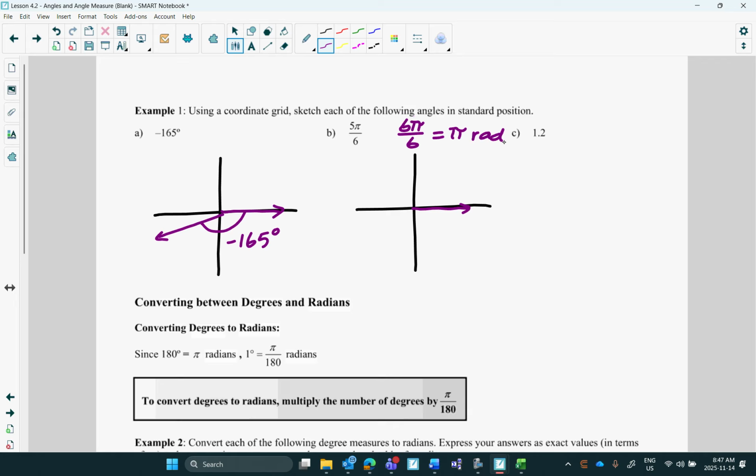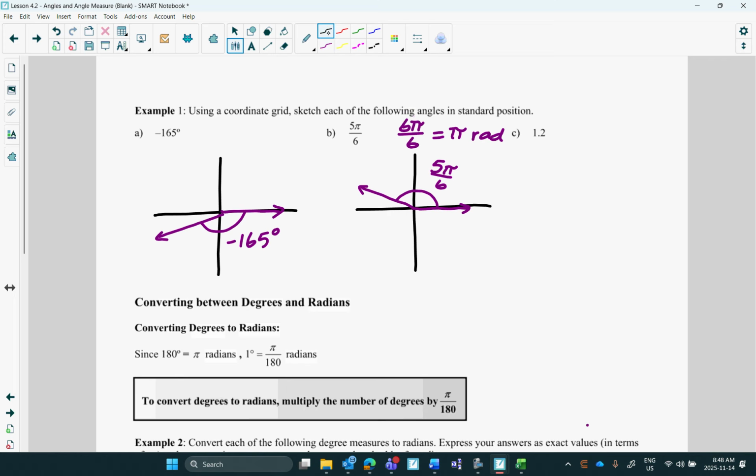Half a circle, right? So this would be 6 pi over 6. Okay? This is going to be a little bit less. So I'm going to go somewhere around there for 5 pi over 6. We'll do a lot more of that, trust me.